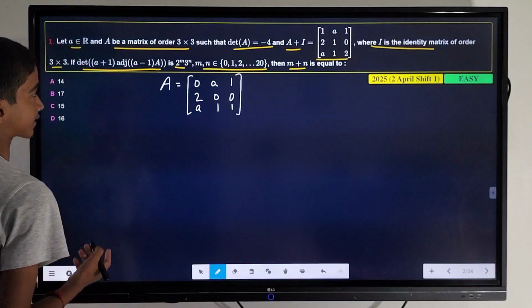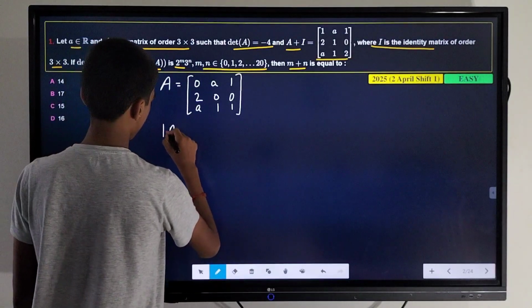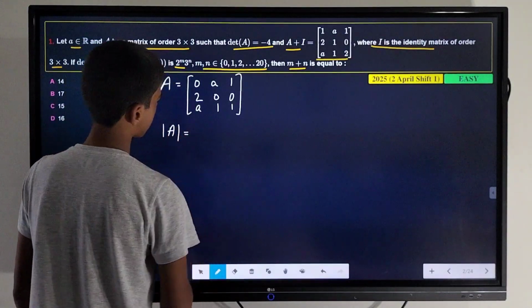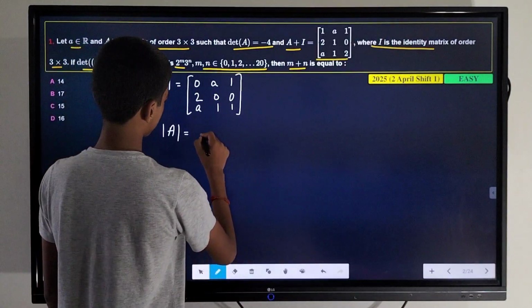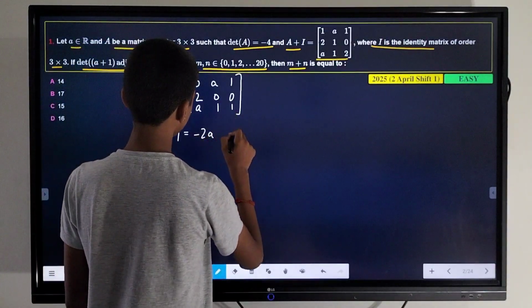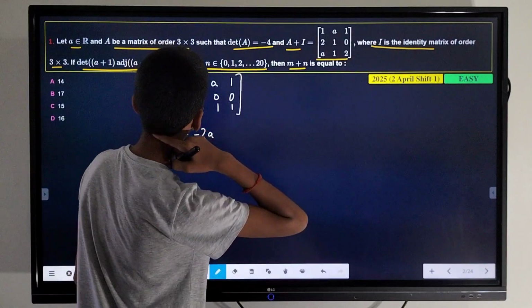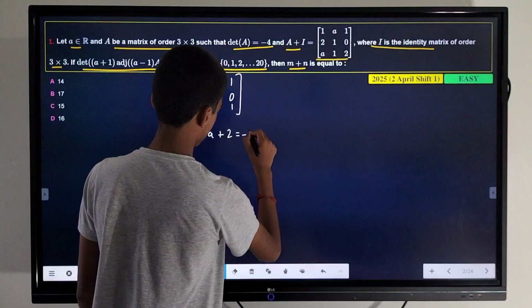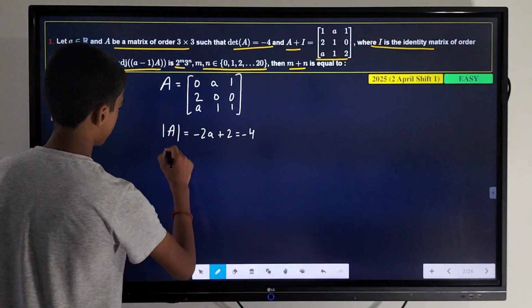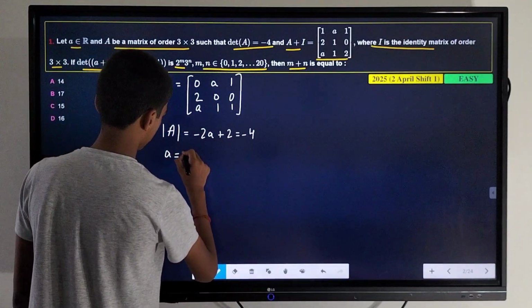So here is our matrix A. Determinant of A is equal to minus 2a minus 2a plus 2 is equal to -4. From here our a is equal to 3.